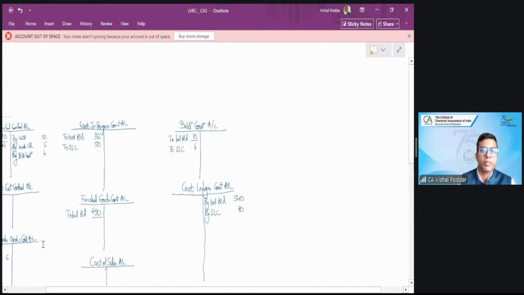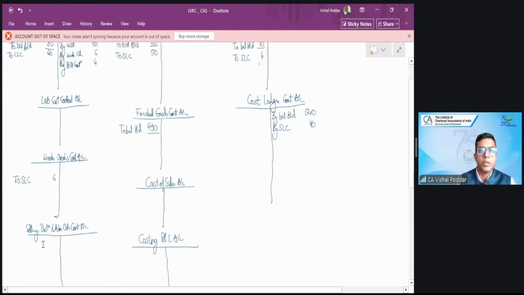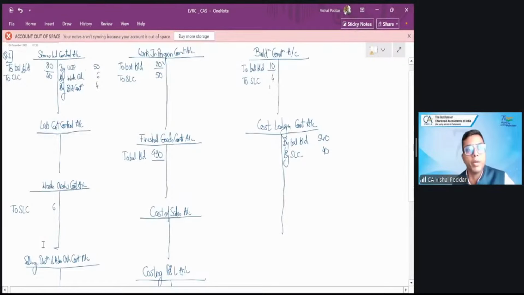Right? So these are the 4 transactions relating to materials.